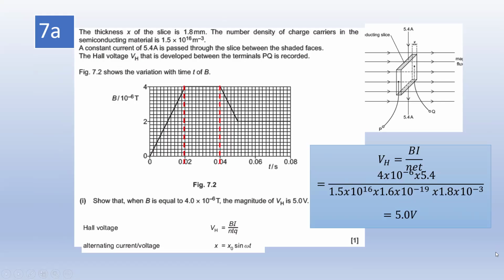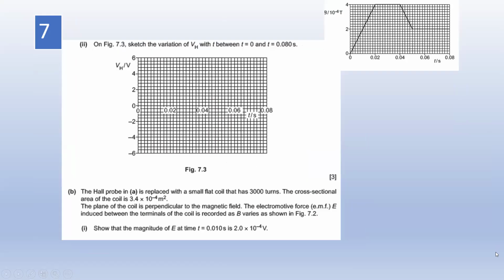We are interested to draw the graph, so we have to be careful about the timing. On figure 7.3, sketch the variation of Hall voltage from time t equals 0 to time 0.08 second. It's the same, except the magnitude is different, that's all. Hall voltage and magnetic field are proportional to each other.